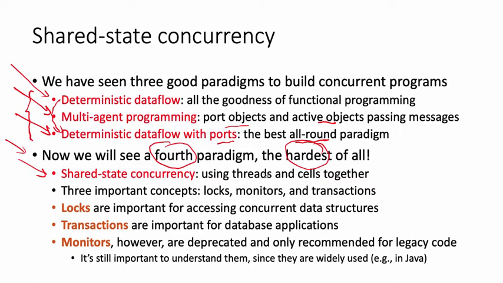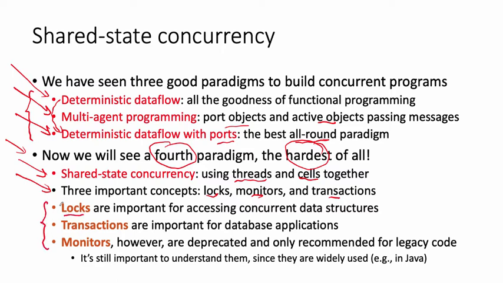So the idea is that we have threads, and we also have a concept called cells, which we already mentioned but I'll go back into, which is mutable state, variables that you can assign multiple times. So there are 3 important techniques, concepts that we build here. They are locks, monitors, and transactions in order to master the complexity of shared state concurrency.